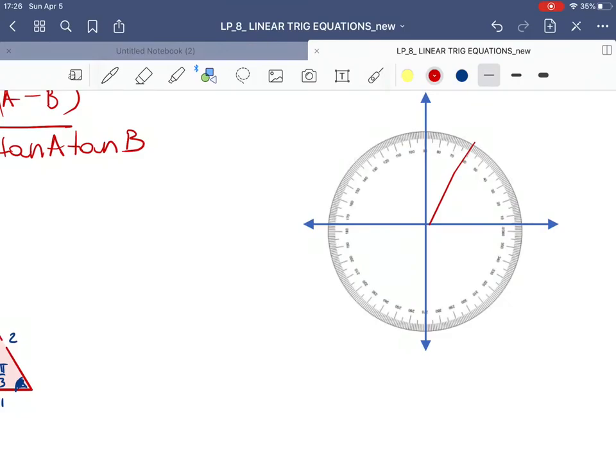Sorry about that. Okay. And the next angle would be the one defined by 1, 2, 3. Okay. So there go our two angles. So pi over 3, and 4 pi over 3.